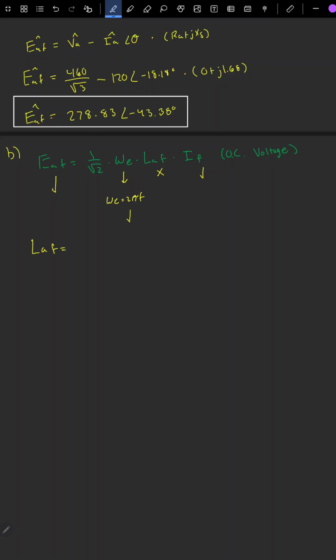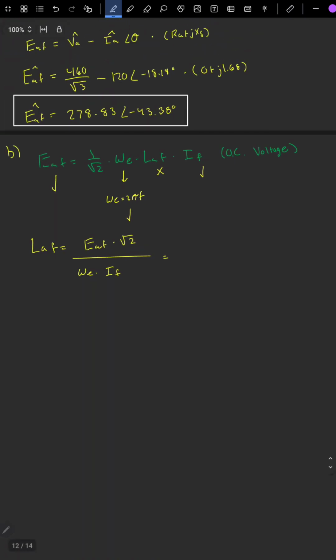So rearranging that equation, we're going to get EAF times the square root of 2 over omega E times IF. So notice how it doesn't have the little caret on top. That's just saying that it just wants the magnitude. It's going to be 278.83 multiplied by the square root of 2 over omega E, which is 2 pi times 60, because that's what F is.